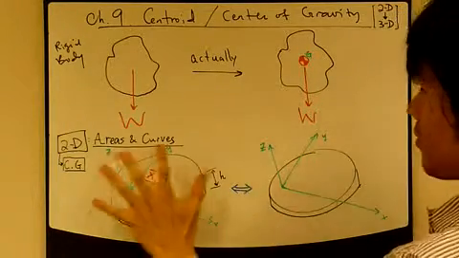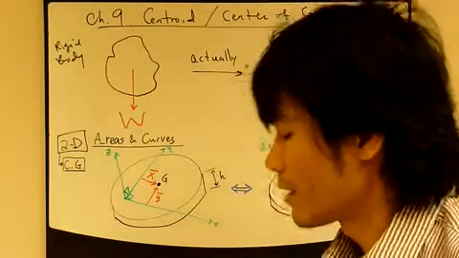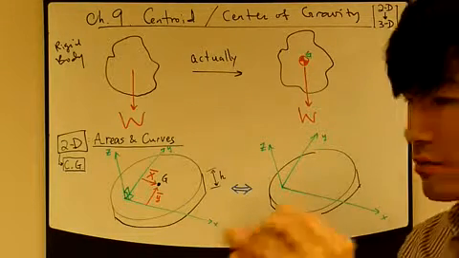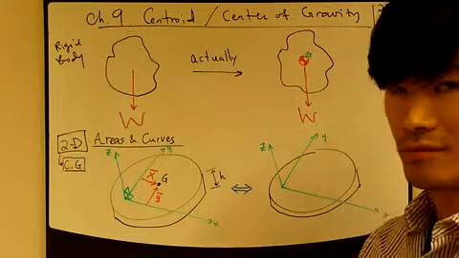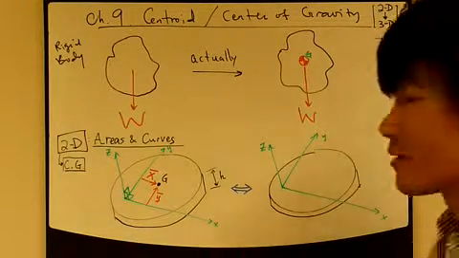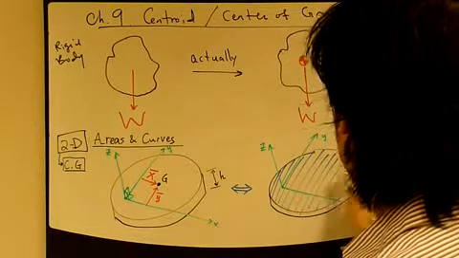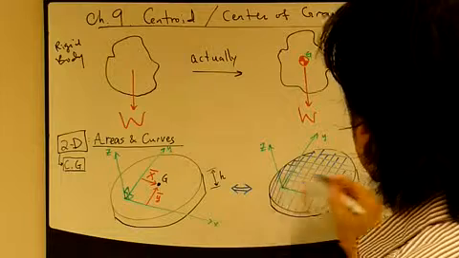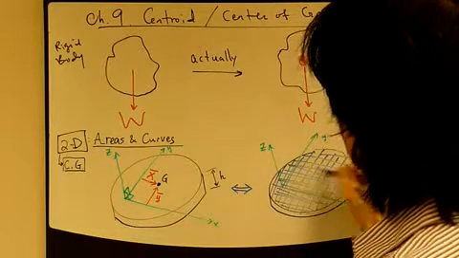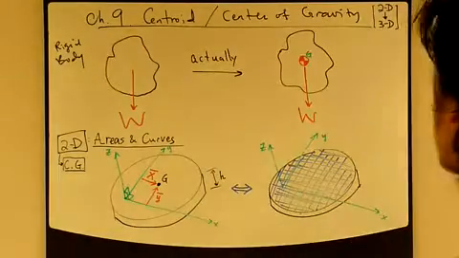I'm going to take this same thing here, except now I'm going to split this simple area into tiny little elements. I'm going to decompose it into a million pieces, like this. So divide it into many simple, tiny elements.